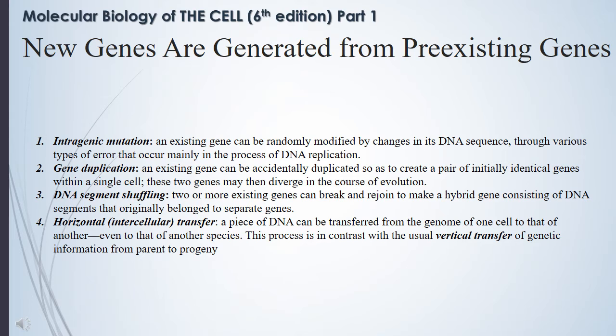Another way to transfer the genome from one organism to another is known as vertical transfer, and it's quite common. It is basically the genetic information being transferred from parent to progeny.